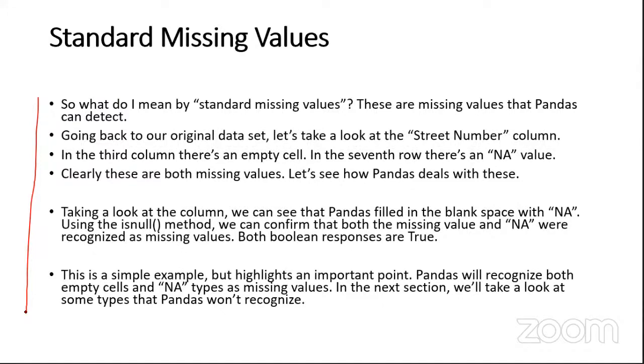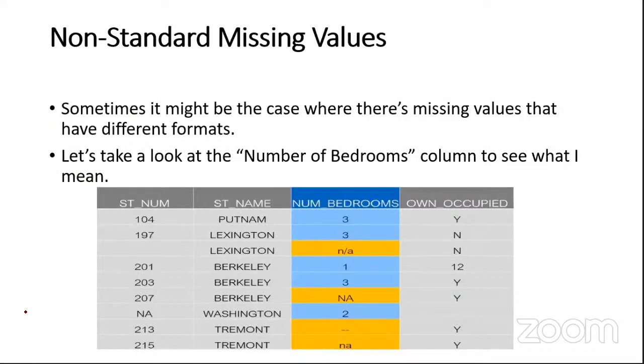So is null, or filling, all of this happens to be put here. In the number of bedrooms column also, there is a non-standard and missing value, and the way they have put not applicable is non-standard.